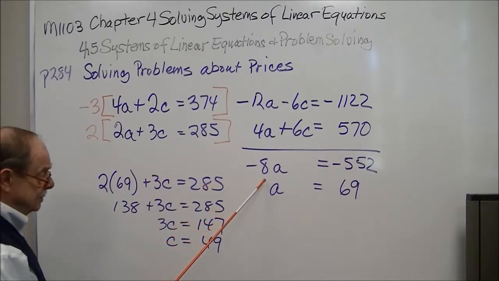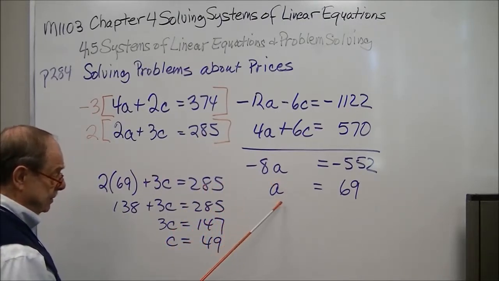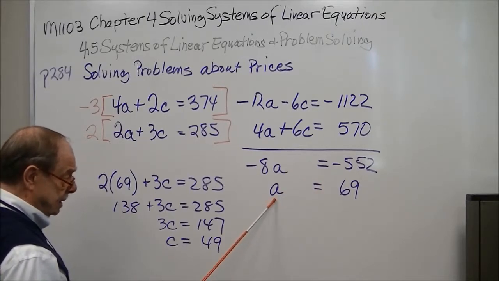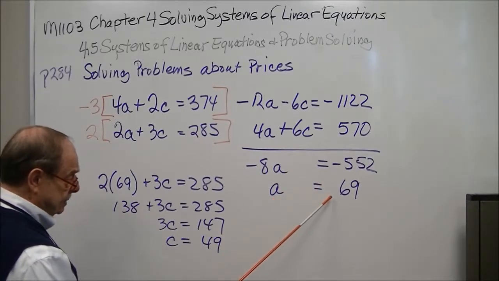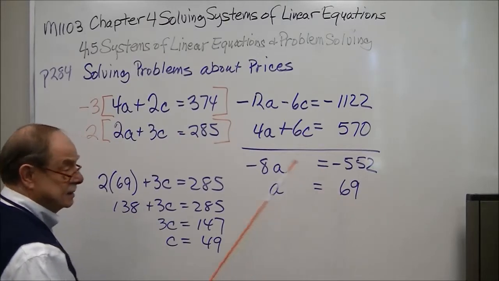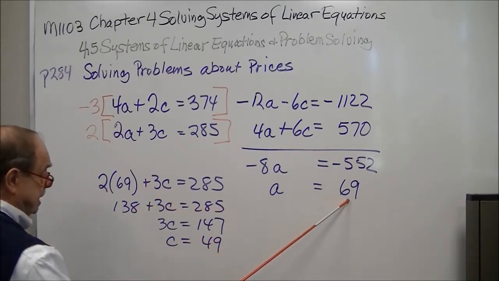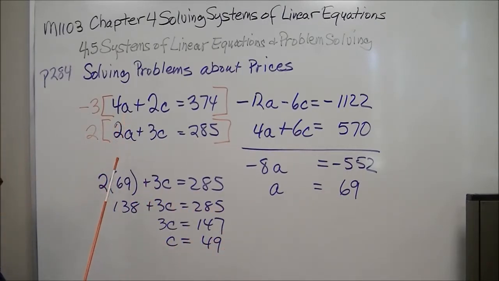Well, I'm going to divide both sides by -8, so I end up with an A. And I have the cost then of the adult tickets for Circus Olay is $69. For the child's ticket, once I have the 69, I put that into, I guess I'm using the second equation, and then I will solve for C.